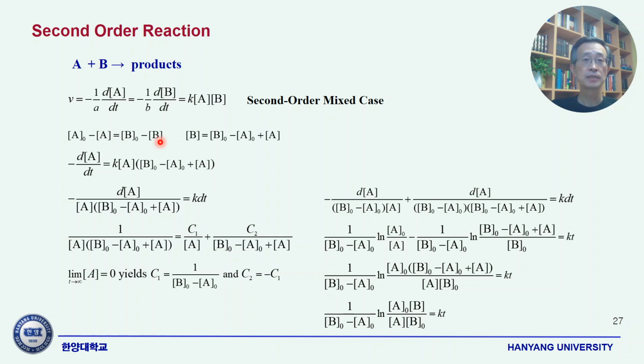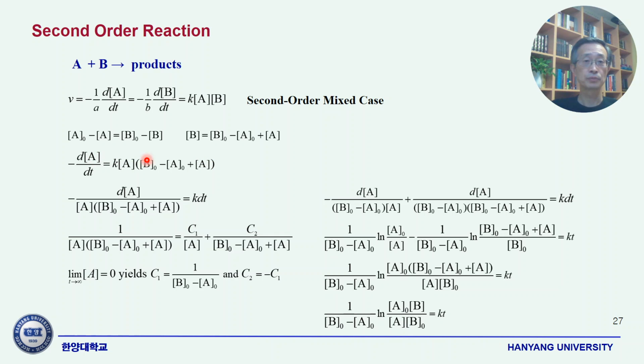Then B is rearranged to B naught minus A naught plus A. So this is what you use for B. Then dA/dt equals kA, and instead of B we put this.